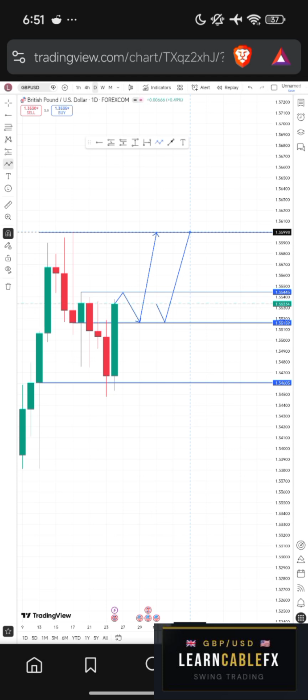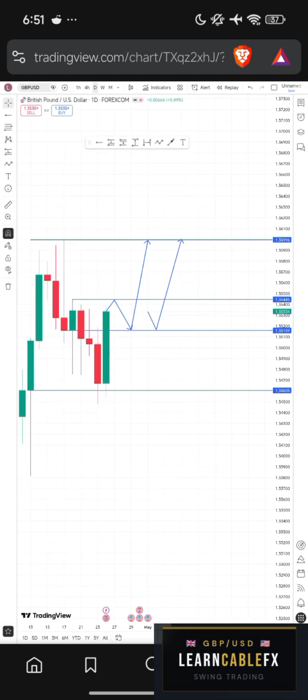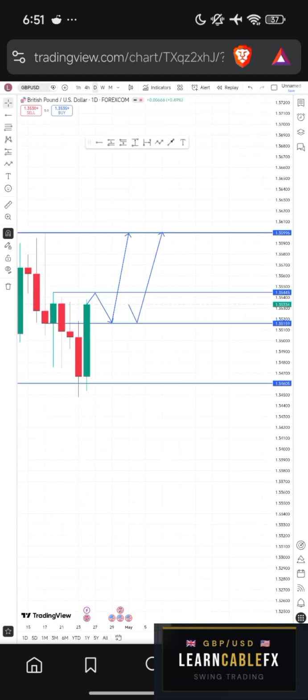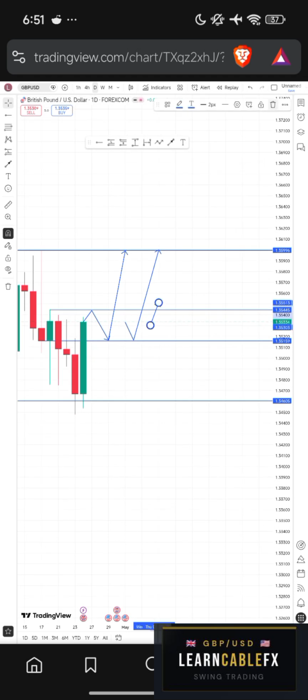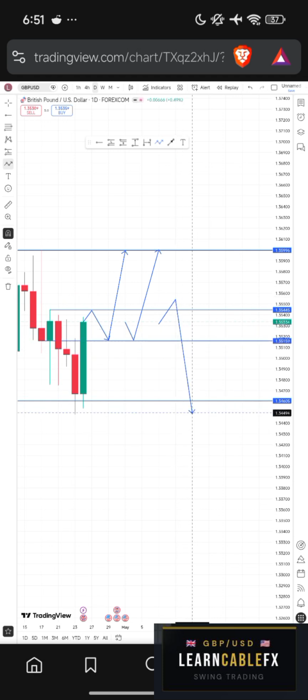Or you might see a sweep of this high, then after the sweep, price might decide to move lower to this low.